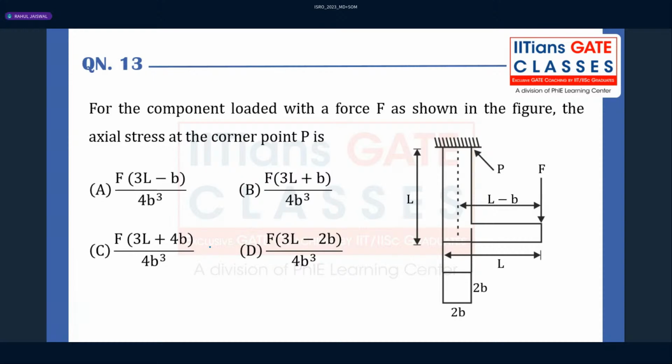Now try to see this question once again. Here, they are asking for a component loaded with the force F, the axial stress at the corner point P. They are asking in the AB member, let's say ABC, but the load is acting on the BC member.